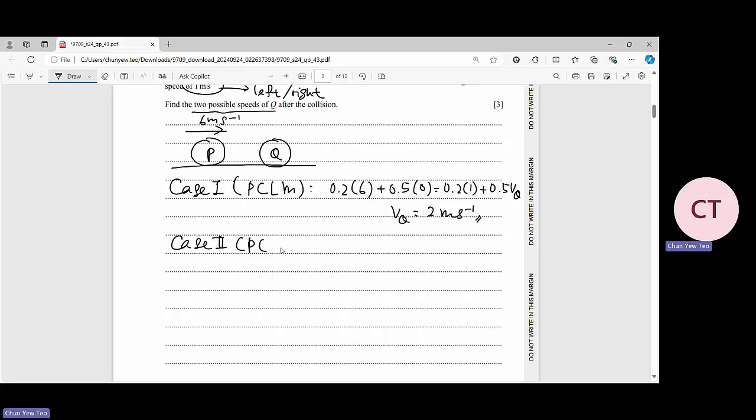Then we have case number 2, also the principle of conservation of linear momentum. We have 0.2 times 6 plus 0.5 times 0. This time, the direction of motion of P is reversed, and the vQ we do not know. Over here, let me try to squeeze everything inside.